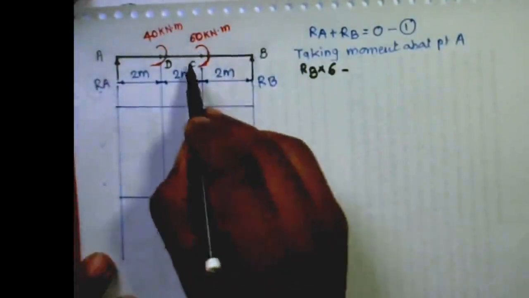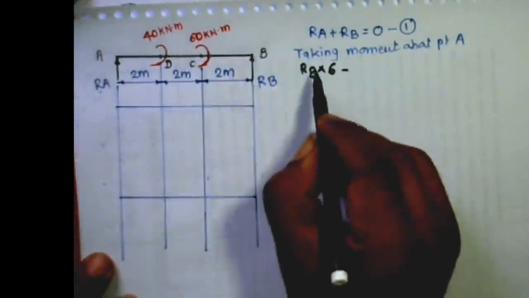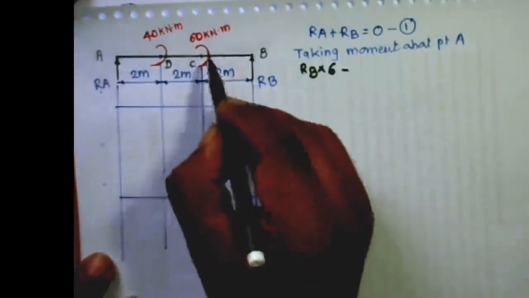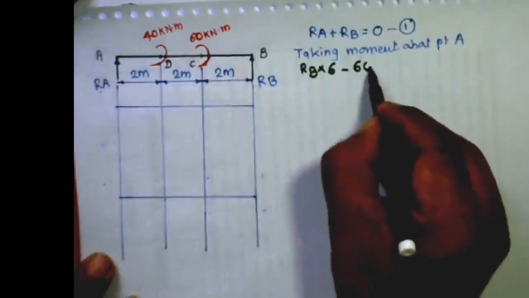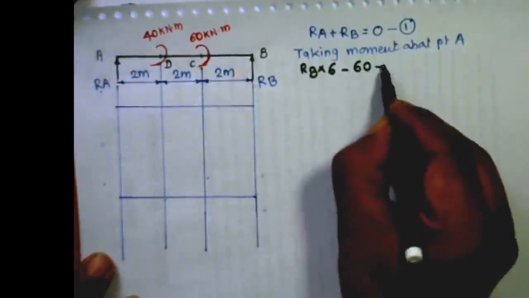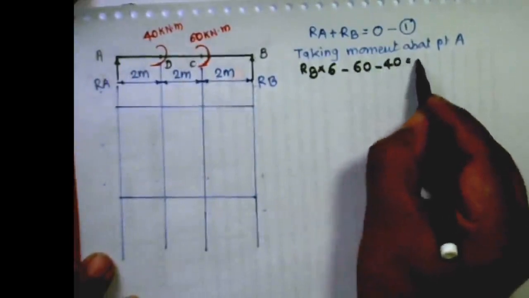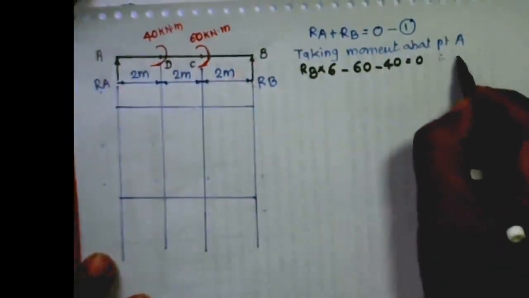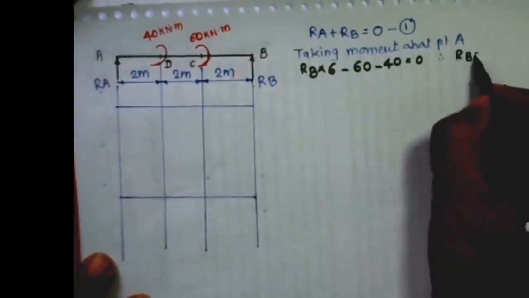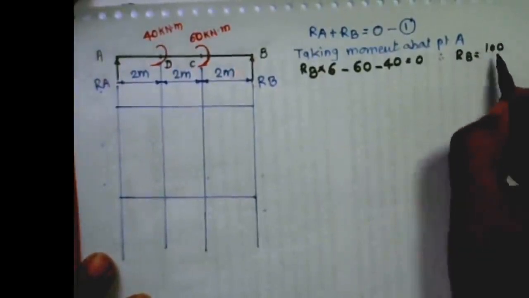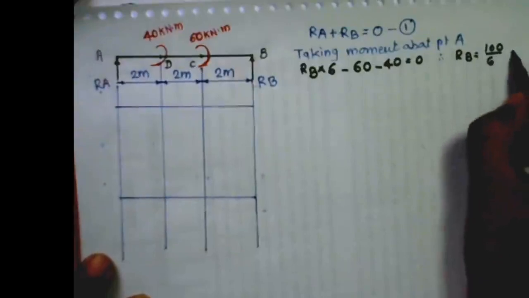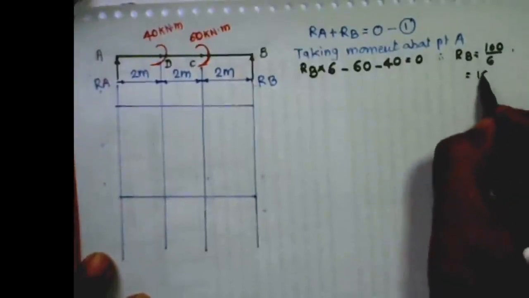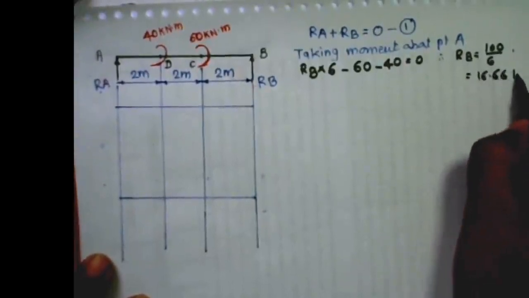Both moments are acting in opposite direction. So RB into 6, this direction we may say minus 60 minus 40 is equal to 0. So here you may say RB is equal to 100 by 6. So our answer will be 16.66 kilonewton.